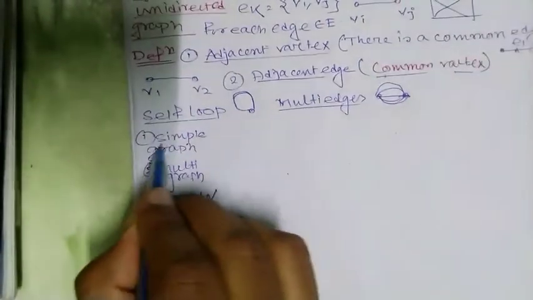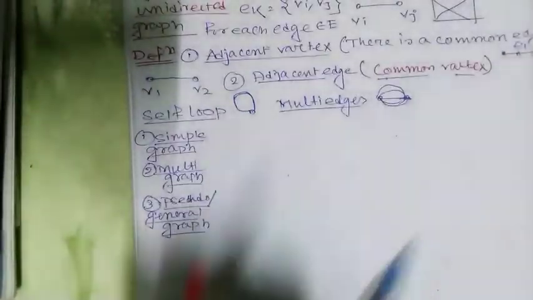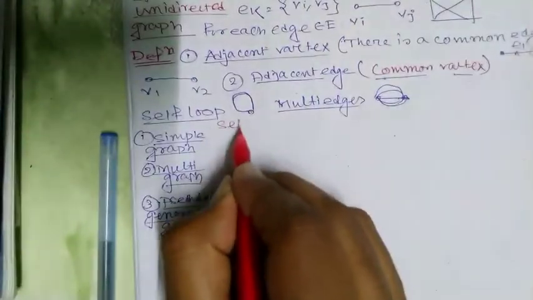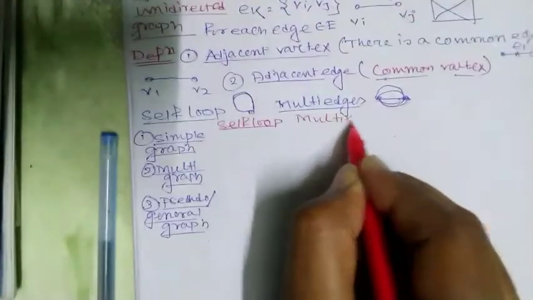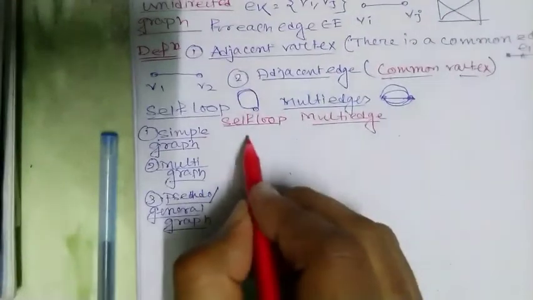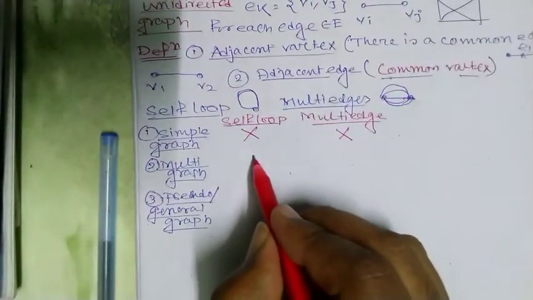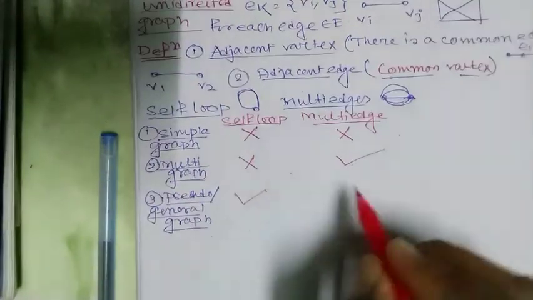There are some restrictions, like self loops and multi edges. In a simple graph there is no self loop and no multi edge. In a multi graph there is no self loop but there can be multi edges, and in a pseudo graph everything is allowed.